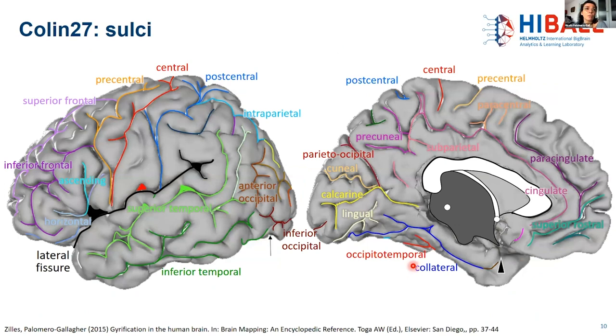Here I'm just showing some examples on the surface of the Colin 27, the single subject template brain of MNI space. But please don't worry, I'm not going to introduce all of these sulci to you in the big brain, and you're definitely not expected to learn all of these names. I would just like to highlight a couple of sulci because they will help me make a point later on in my talk.